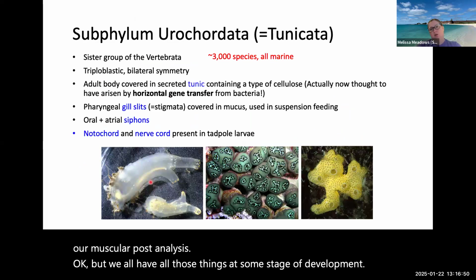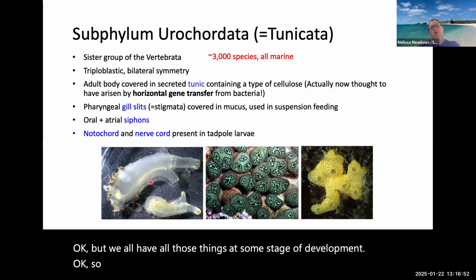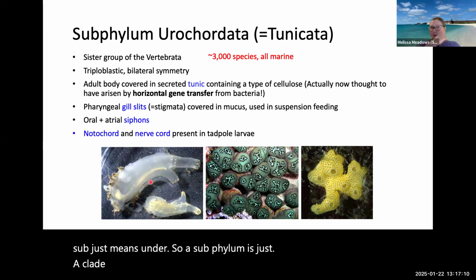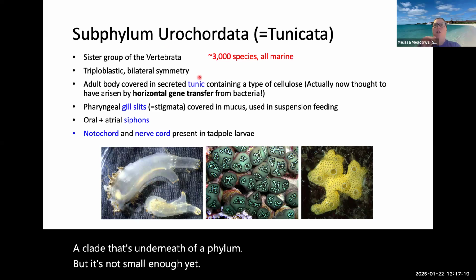Okay, so now we're going to talk about the different subphyla of chordata. So sub just means under. So a subphylum is just a clade that's underneath of a phylum, but it's not small enough yet to be considered a class.